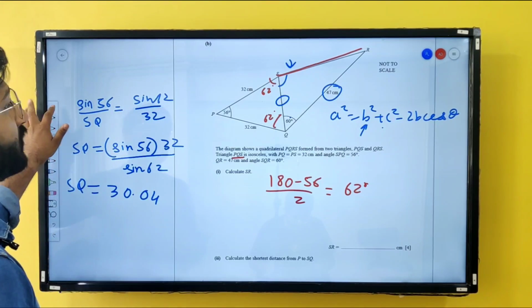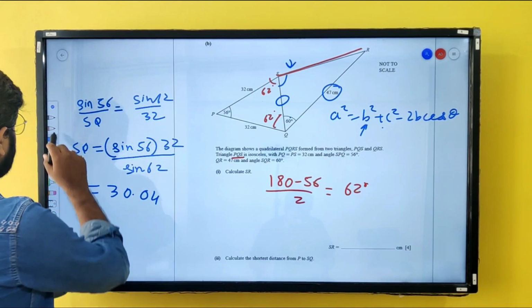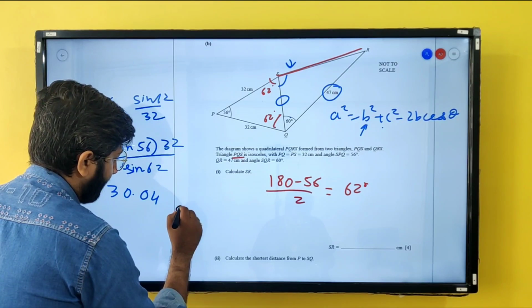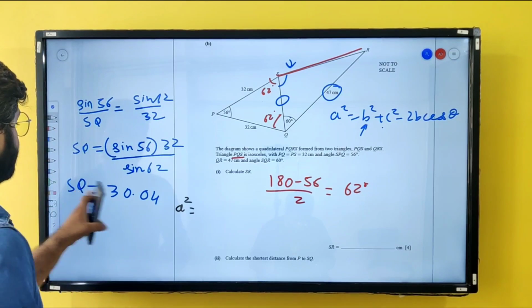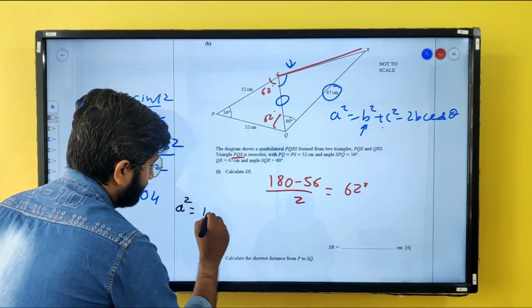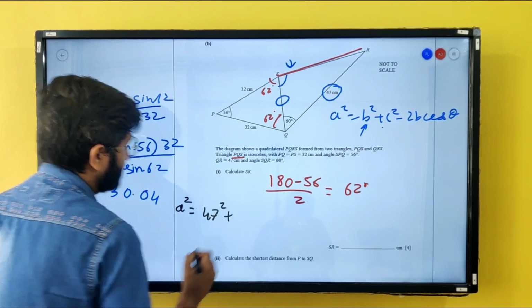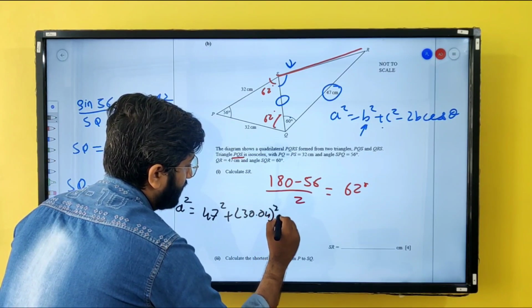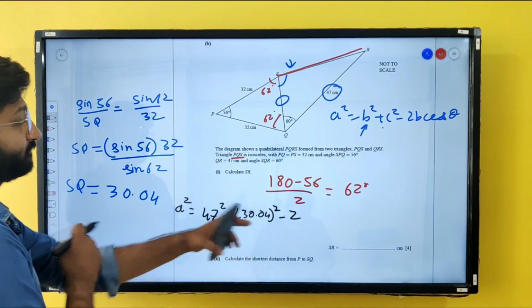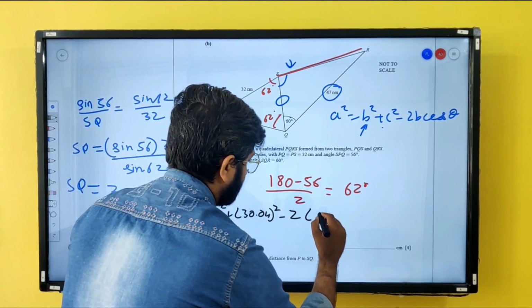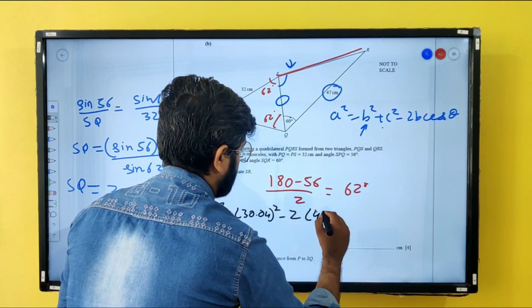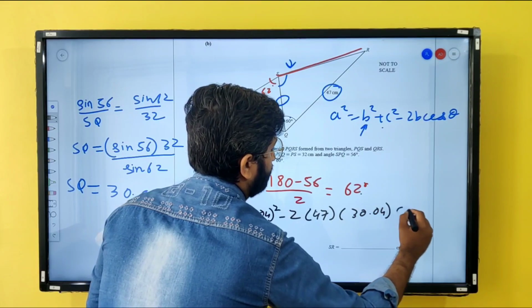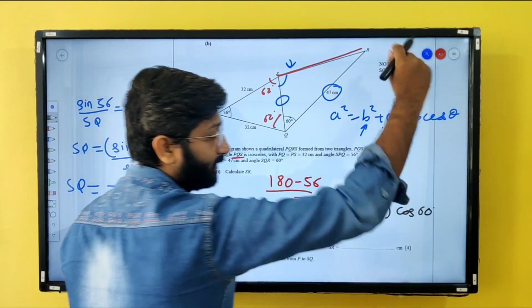Now I'll apply the cos rule. A square equals B square, which is 47 square, plus C square minus 2 B C into cos theta.